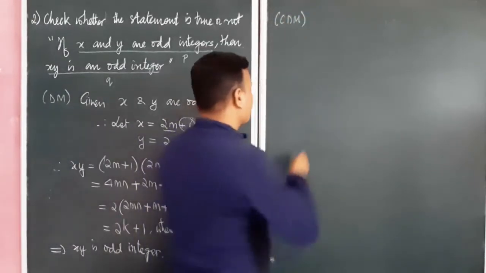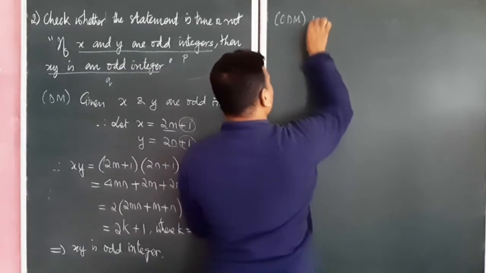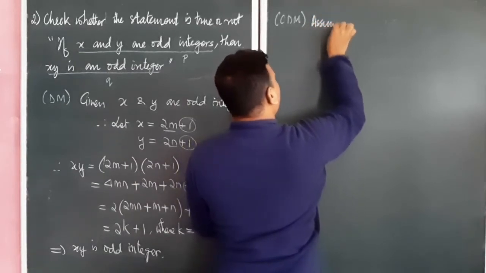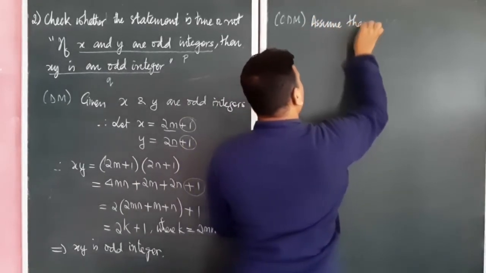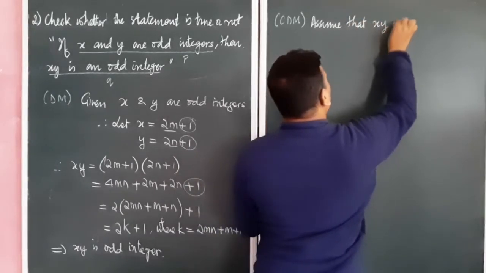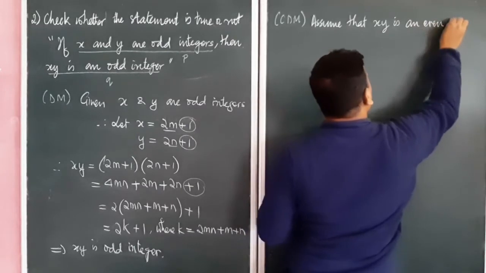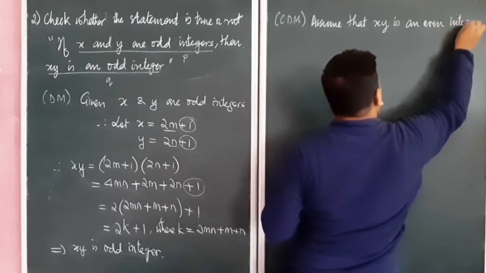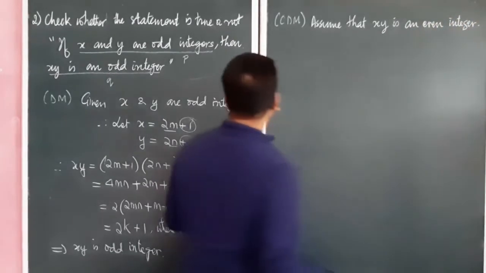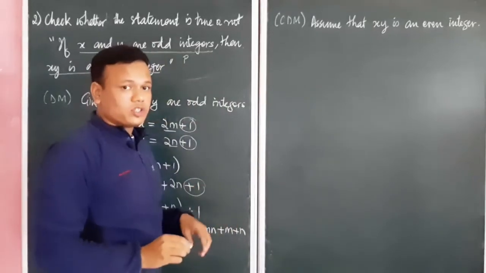This time you have to assume that xy is an even integer. So xy is an even integer, that's my assumption.